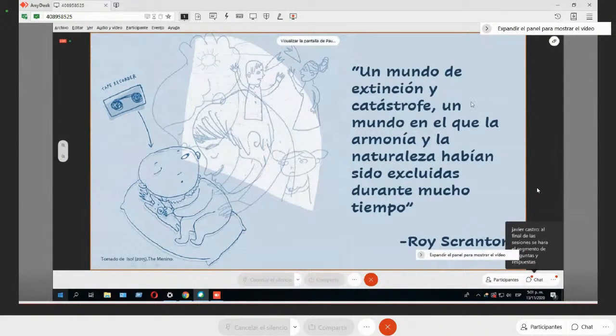So Roy Grinker says that in this world of extinction and catastrophe, a world where harmony and nature have been excluded for so long, is the world where he had to raise his girl. He cried two times, once in complete happiness and the second in anguish.